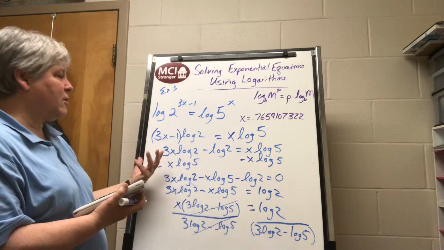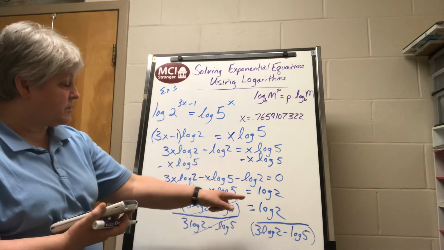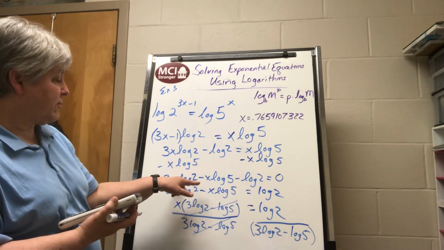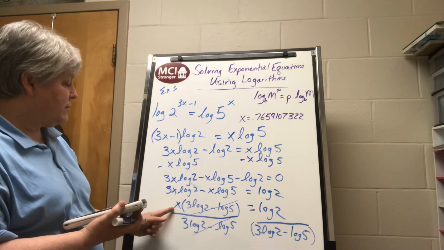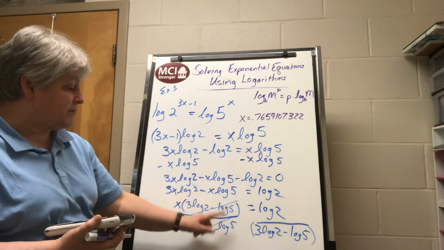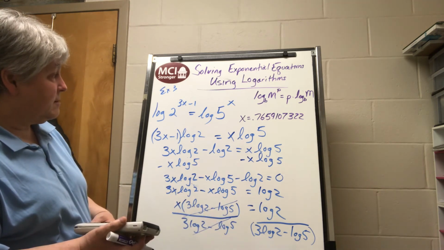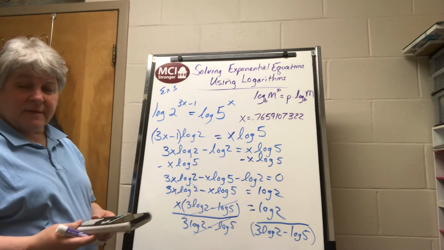And then we got all the x terms on one side and all the terms without x on the other side. Because these weren't technically like terms, we actually factored out the x. Here's what the stuff inside the parentheses was, and that became what we divided by on the final step. That is just about as difficult as they get.